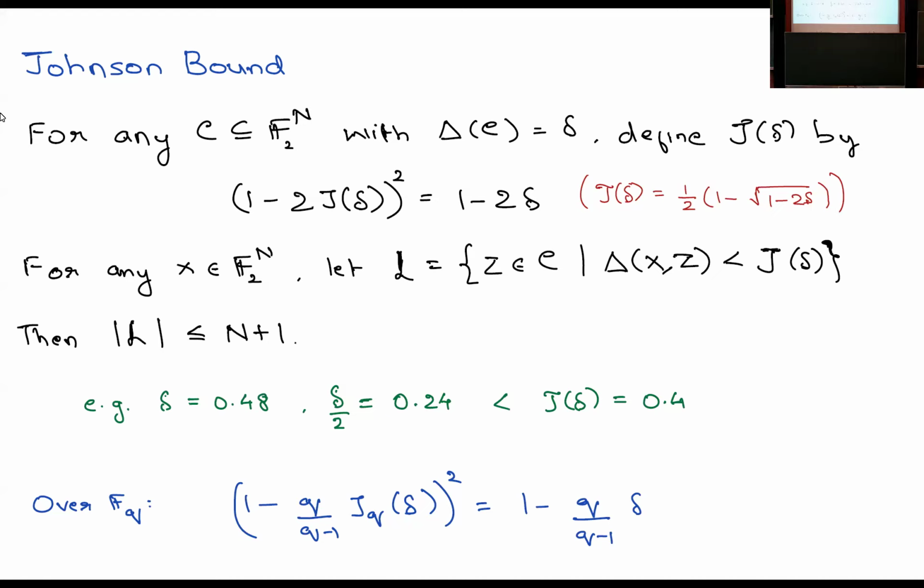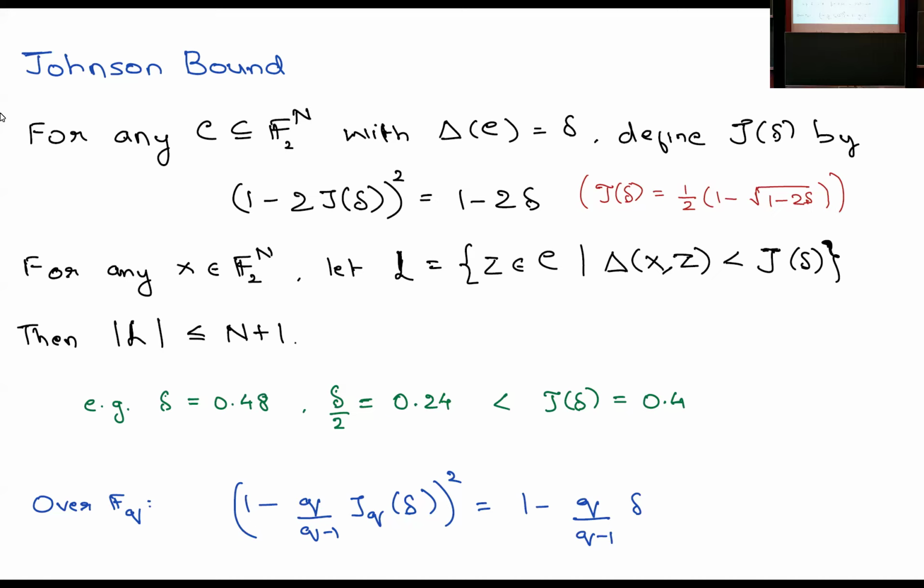Okay, so let me first tell you what the Johnson bound is, or what the statement is. The Johnson bound is some function of delta, and you can also write some function appropriately over larger fields. I want to think about it this way: g of delta is some function such that 1 minus 2 times g of delta squared is equal to 1 minus 2 times delta.